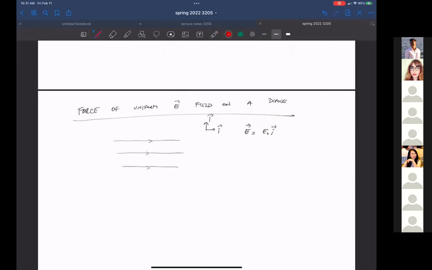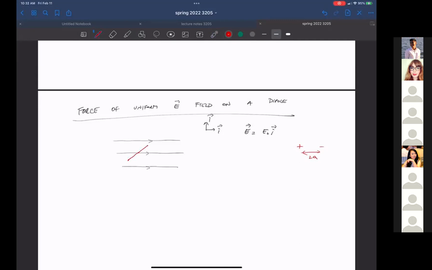Okay, so now let's say we have a dipole. Remember, a dipole is a plus charge and a negative charge separated from each other by a distance of 2a. So let's say this dipole is sitting like this, with its center right here.